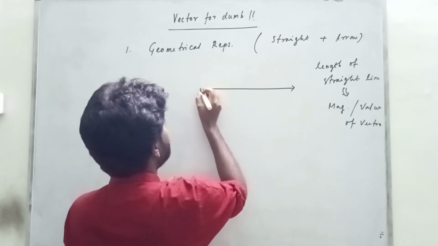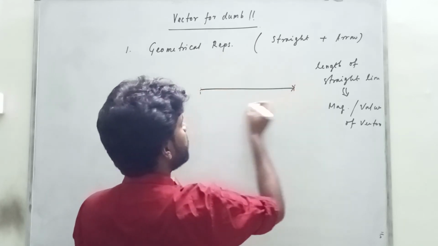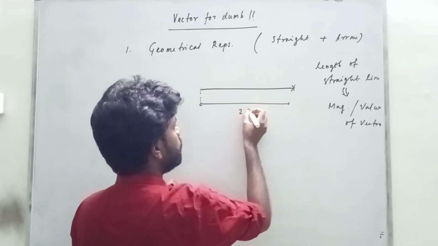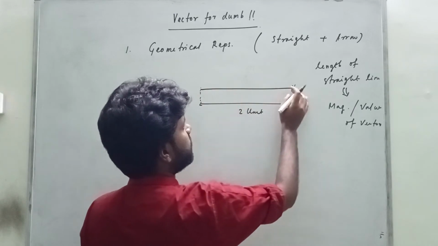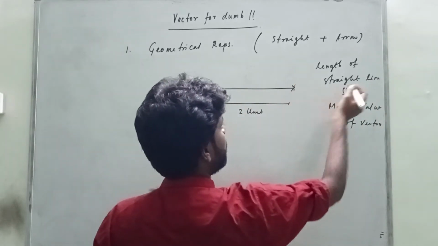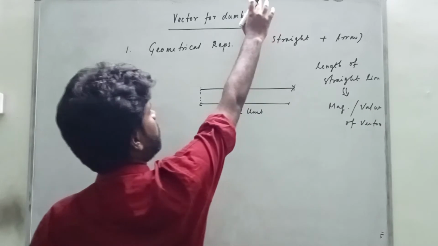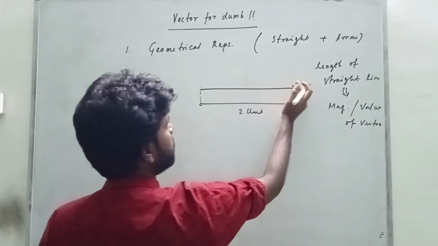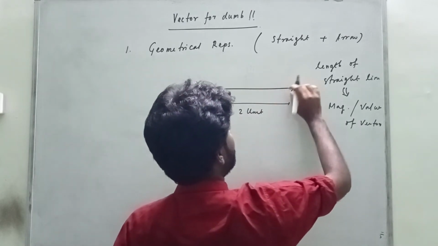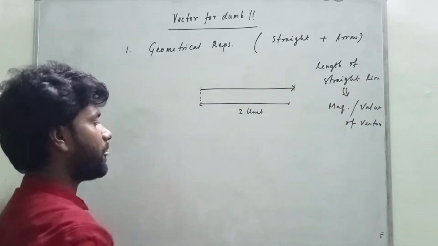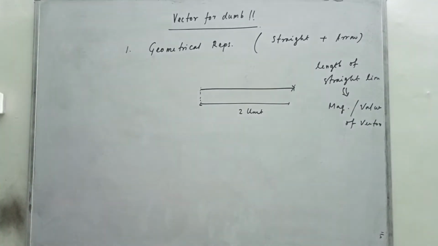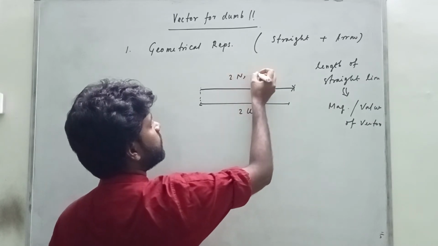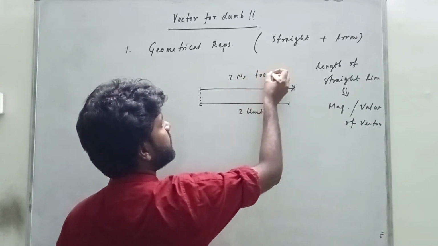If I take it as 2 units, the length of this straight line is 2 units and it is directed towards east. This is the east direction, this is north, west, south. So that's 2 units of length directed towards east. If it is a force, we just call it 2 Newton force towards east.